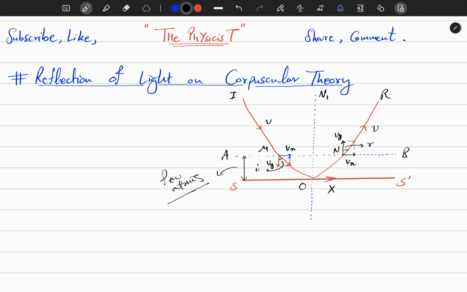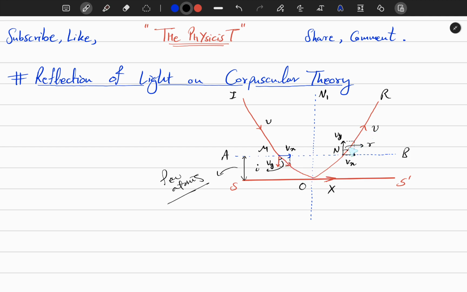Okay, so here the corpuscle comes along the path IM, and this is the convex part where the force starts acting. Okay, only when the particle is coming through this path is the force acting.